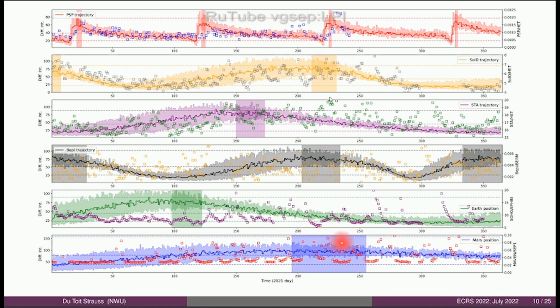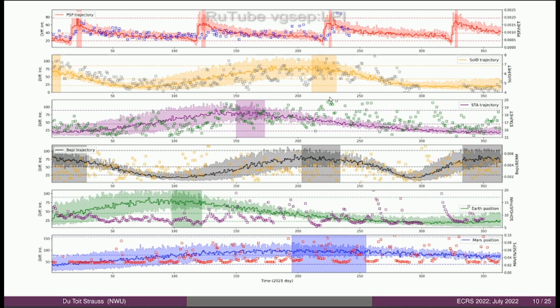From bottom to top, it's Mars, Earth position, Bepi Colombo, Stereo A, Solar Orbiter, Parker Solar Probe. These lines with the error bar or the uncertainty are the model solution, so what we expect from the different spacecraft. And then we've started plotting the data over it.